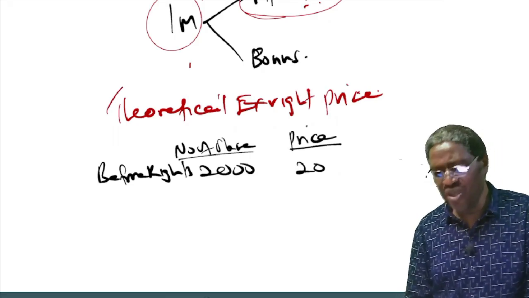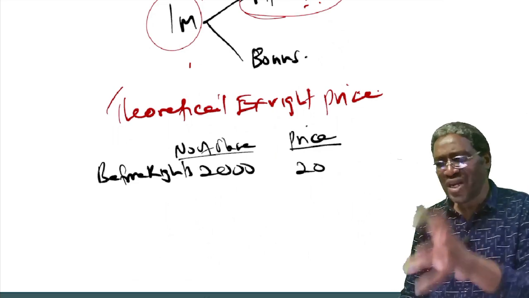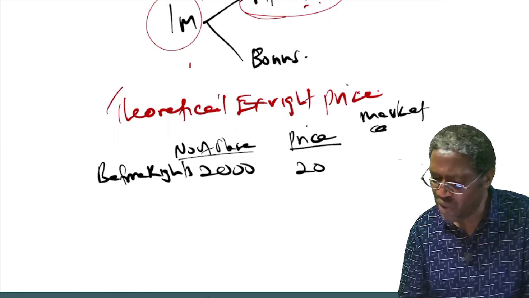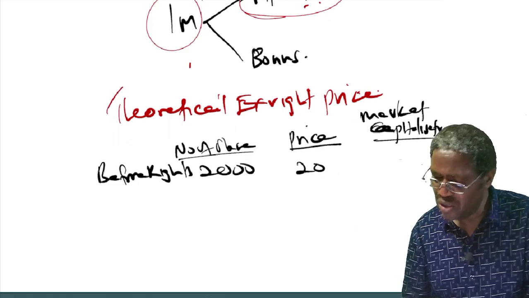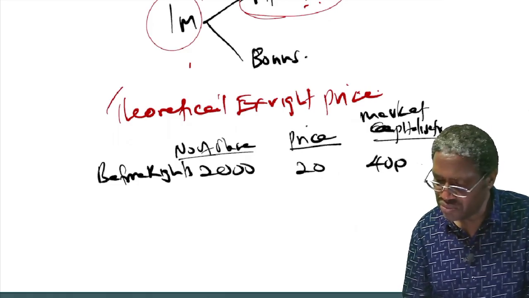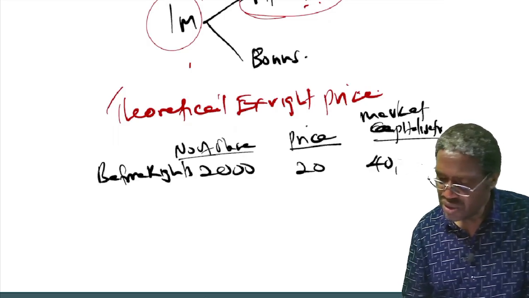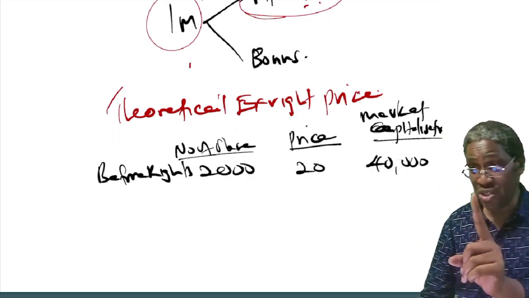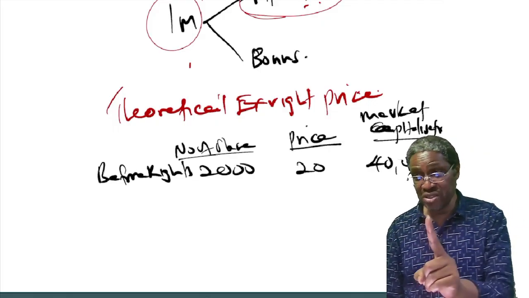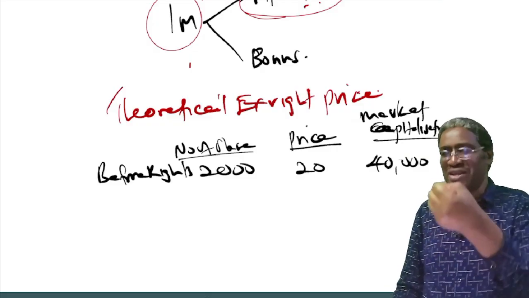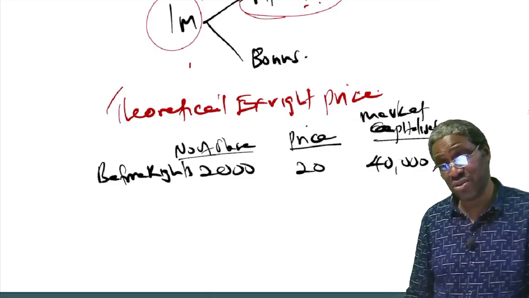So it is obvious, therefore, before the rights issue, the market capitalization of our company was how much? 40 million. I'm putting the figures in thousands. Before the rights issue, we had 2 million shares at a market price of 20. So the market capitalization of our company was 40 million.